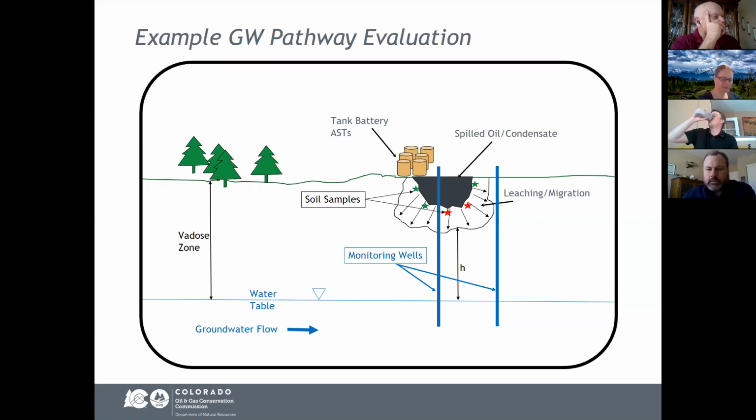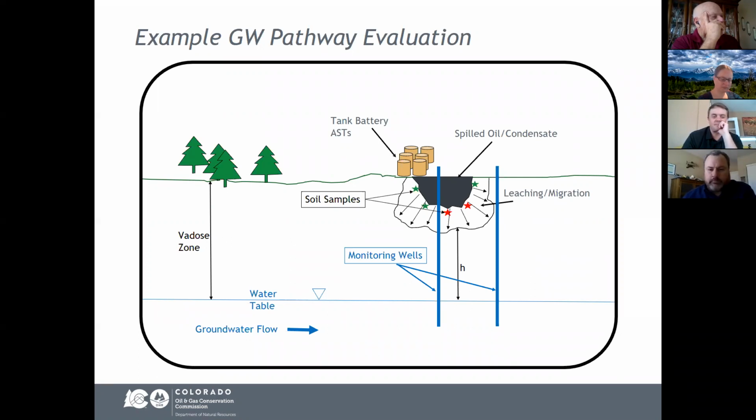In these cases, often the operator will come in and excavate the most obviously impacted material. At some point, they might want to try to determine where they're at with the cleanup. Maybe they're not seeing staining and their field screening's not indicating the presence of contaminants, so they collect some soil samples.